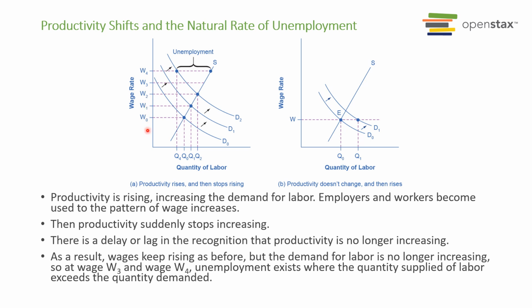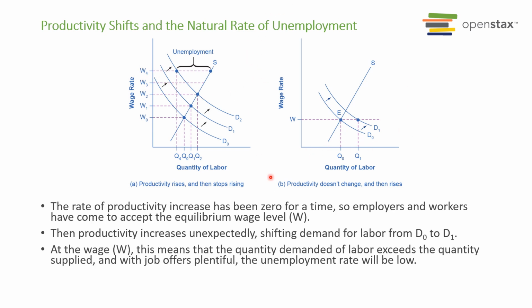And if the productivity boom stops happening, so we end up at D2 and we don't rise up further to D3 or D4, but the wages do, you can see that as the wages rise up without the corresponding increase in the demand for labor, that will also result in unemployment. Because with higher wages, you're going to get the quantity of labor supplied greater than the quantity of labor demanded at these higher rates of salary and wage.